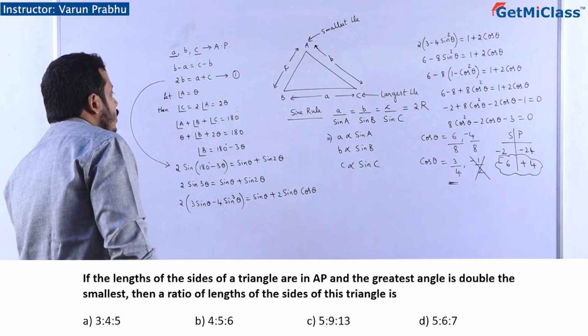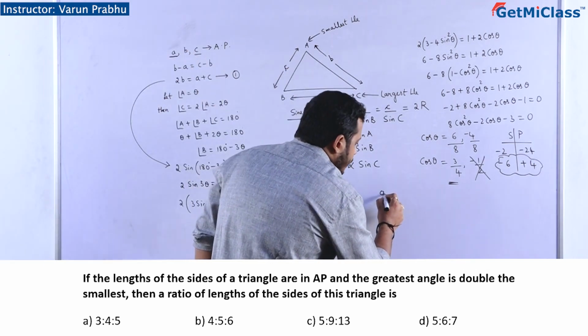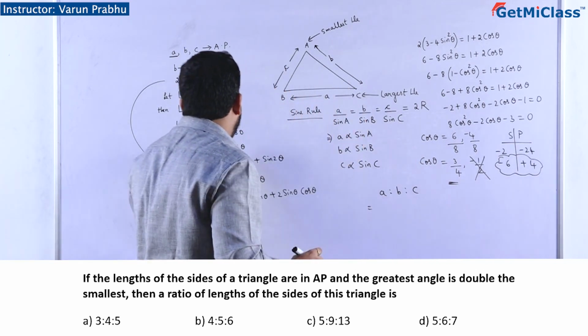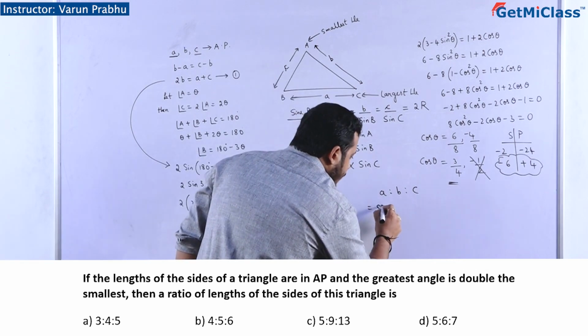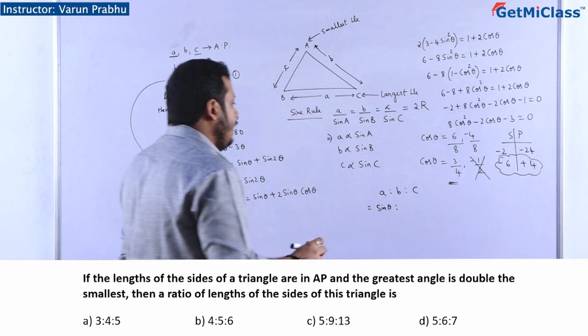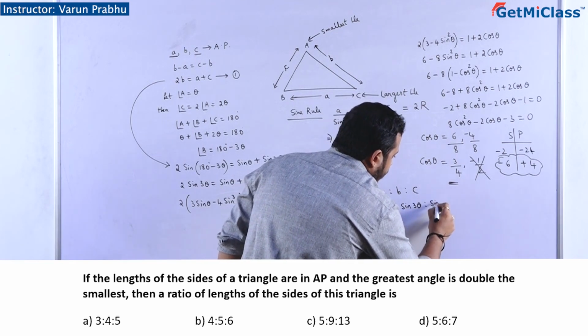Now the question is asking what is the ratio of the sides of the triangle, right? The ratio of sides a is to b is to c will be equal to sin theta is to sin 3 theta is to sin 2 theta, correct?